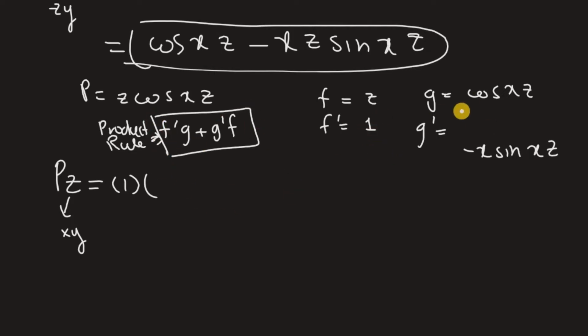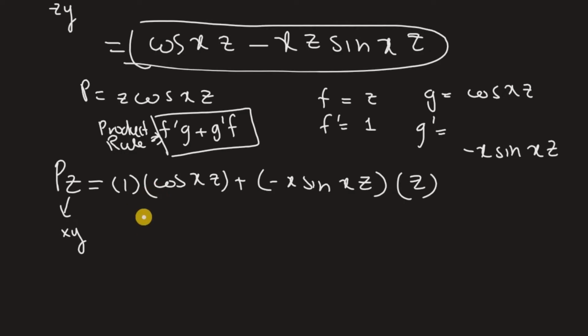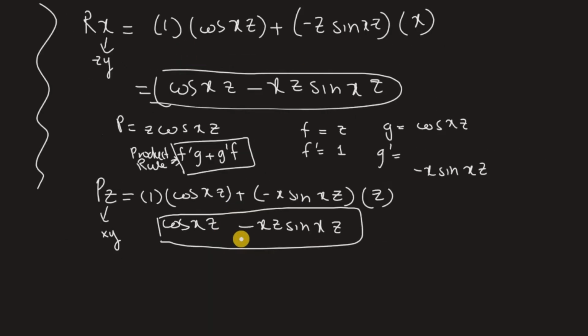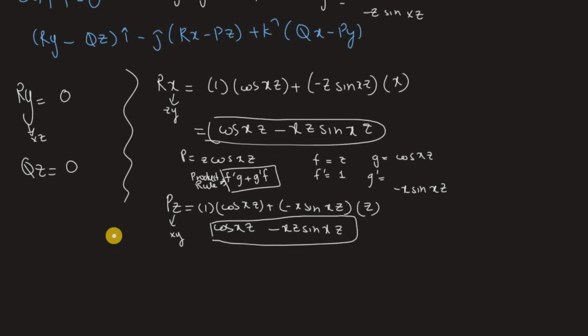Okay, f prime times g plus g prime times f, which is cosine of xz minus xz sine of xz. Okay, let's see if we did get the same thing. Yeah, we actually got the same thing, which means our answer is correct for p z.